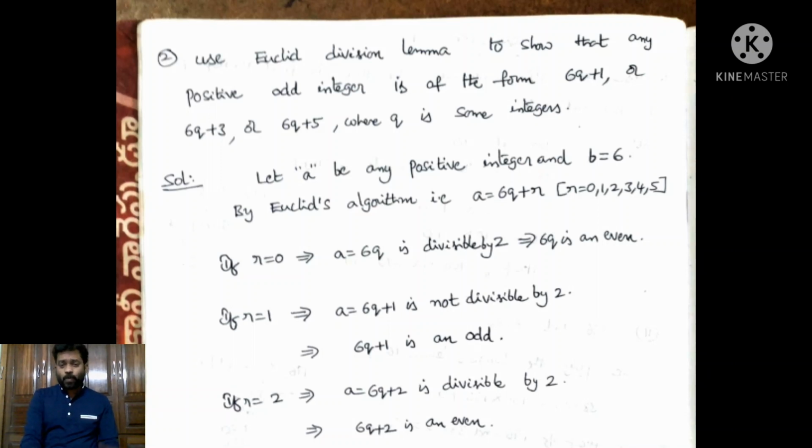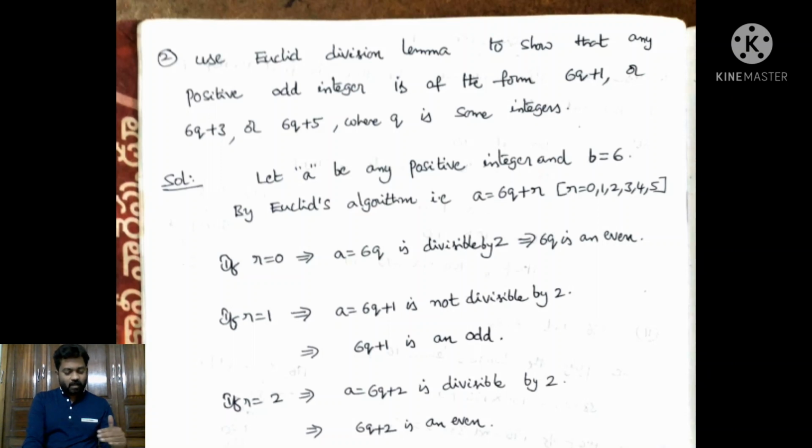Let a be any positive integer and here b equal to 6. Then remainder r is equal to 0, 1, 2, 3, 4, 5. By Euclid's algorithm, a is equal to 6q plus r. Let us substitute the values. If r equal to 0, that implies a is equal to 6q. It is divisible by 2. So 6q is an even number.